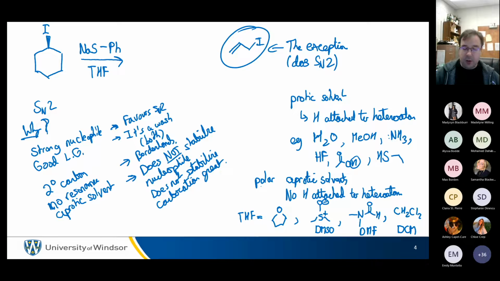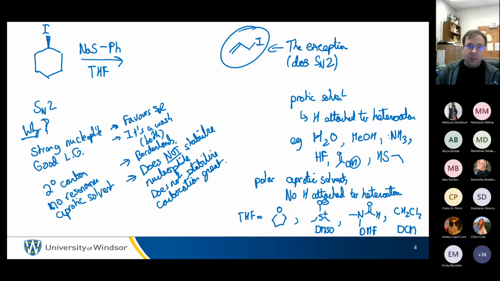I should always write CH2Cl2, but habits die hard. Also called methylene chloride, because why not have 3 names for something? So in none of these cases do we have a proton attached to a heteroatom.